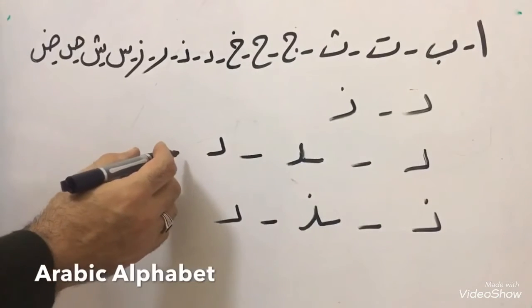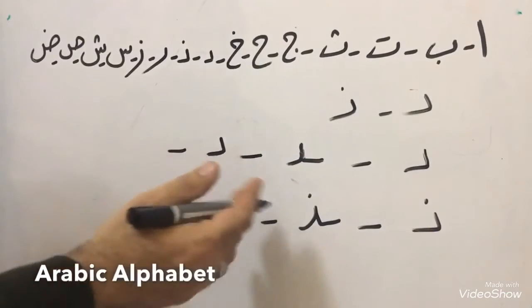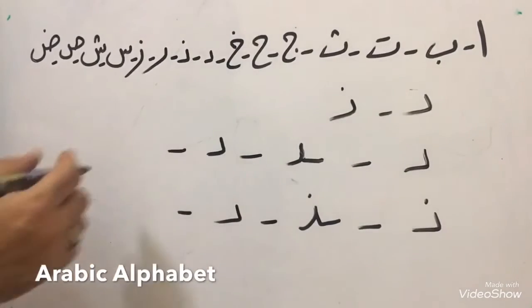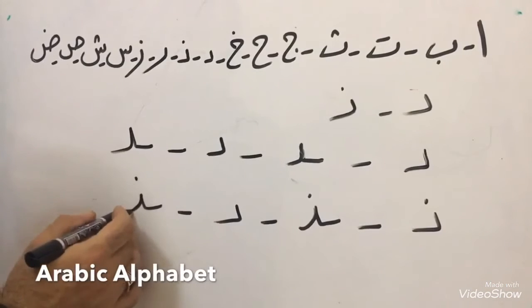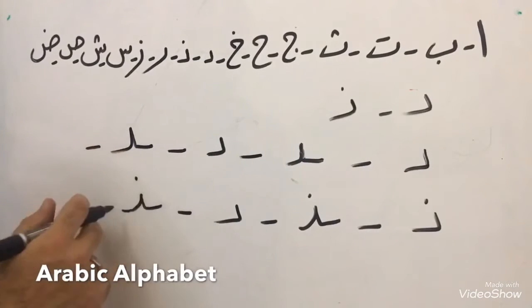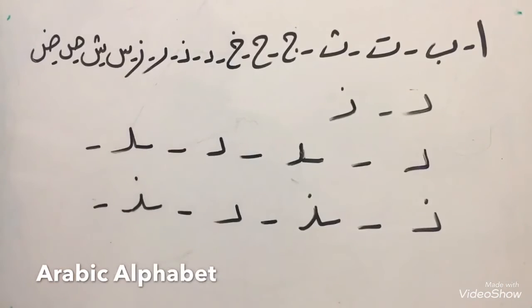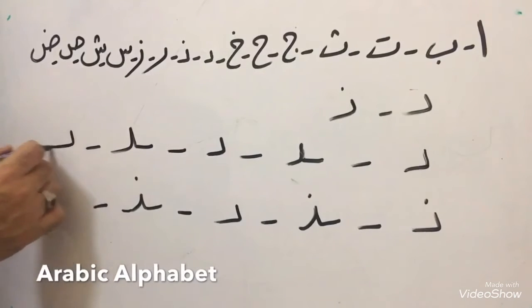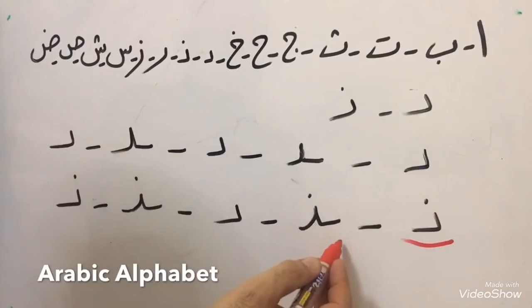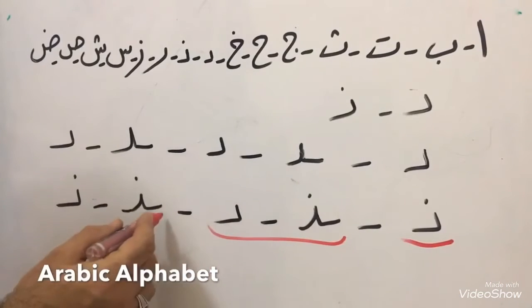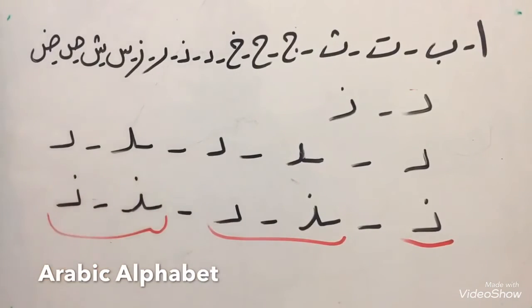At the end of the word, it is the same as in the middle, so they are like this if they can be joined with the letter before, or if the letter can't be joined, they are like this. This is Dal and Dhal at the beginning of the word, in the middle of the word, and at the end of the word.